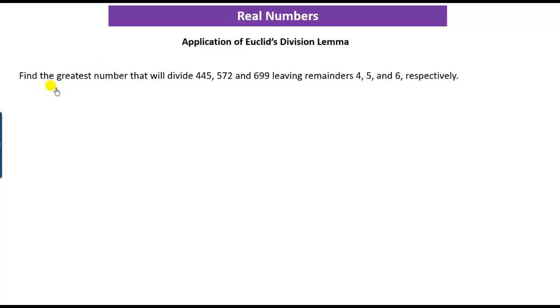Another question is: find the greatest number that will divide 445, 572 and 699, leaving the remainders 4, 5 and 6 respectively.